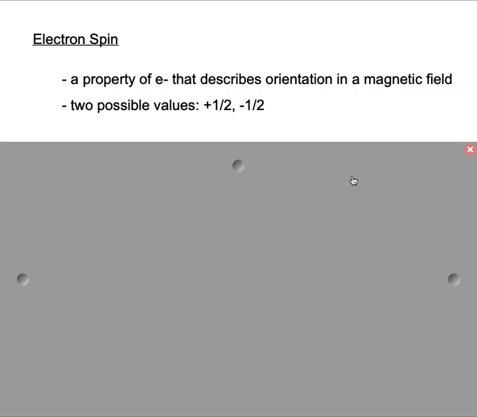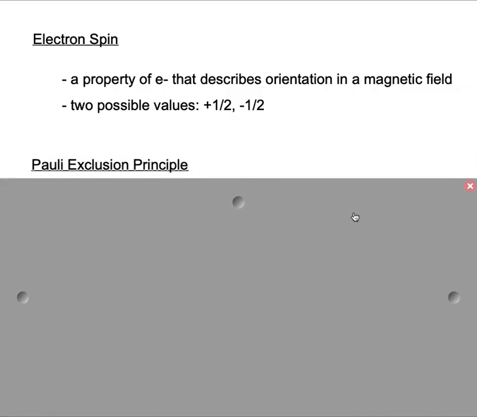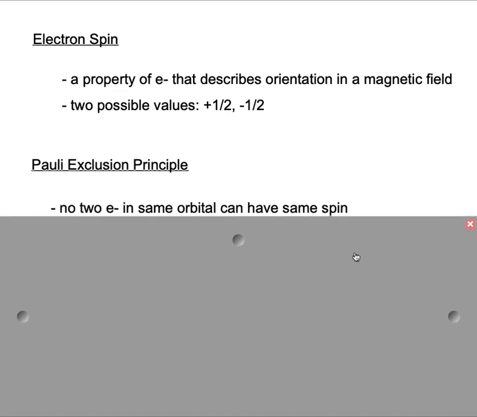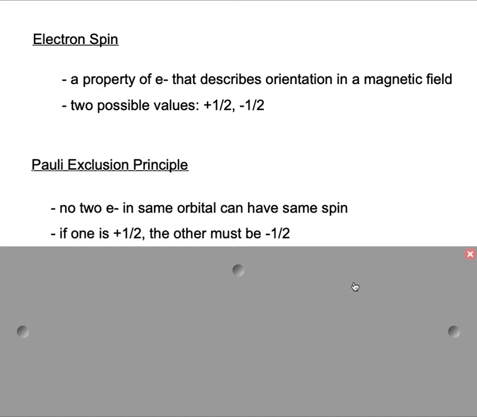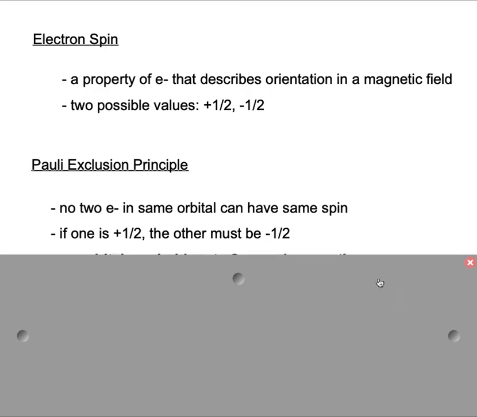Now, the significance here comes in the Pauli exclusion principle. The Pauli exclusion principle says that no two electrons in the same orbital can have the same spin. If one of the electrons has a spin of plus 1/2, the other must have a spin of minus 1/2. Well, the importance of this is the fact that there are only two values of electron spin.